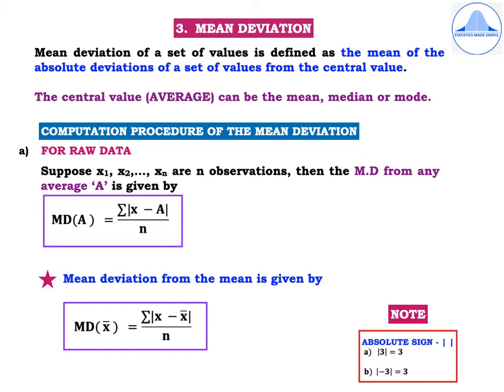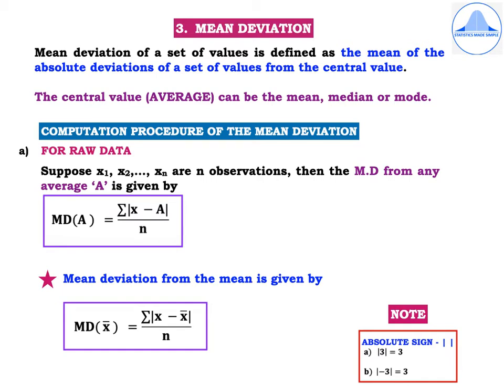First, subdivision A, for raw data. You know that for raw data only a set of x values will be given. Suppose x1, x2, so on xn are n observations, then the mean deviation from any average A. In general, I am denoting the average or the central value by capital A, and capital A can be either the mean, median or mode, and it has to be replaced by the notation for mean, median or mode based on the problem.